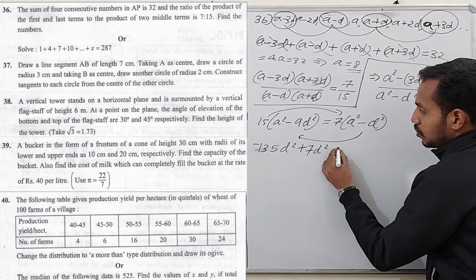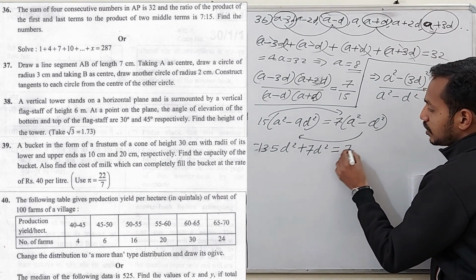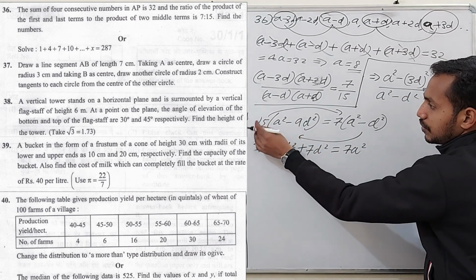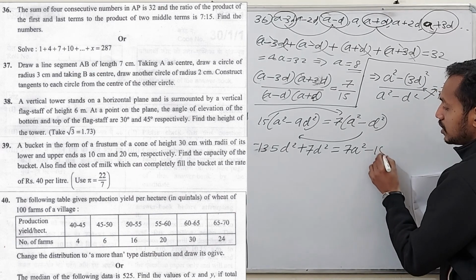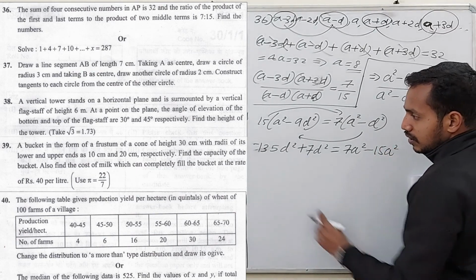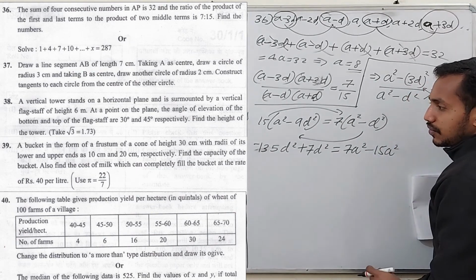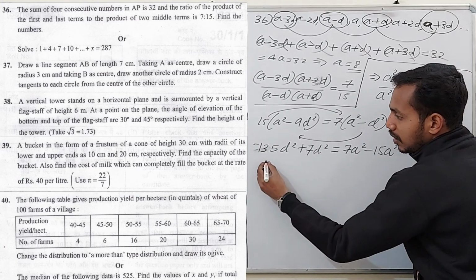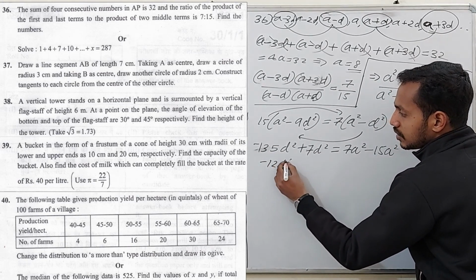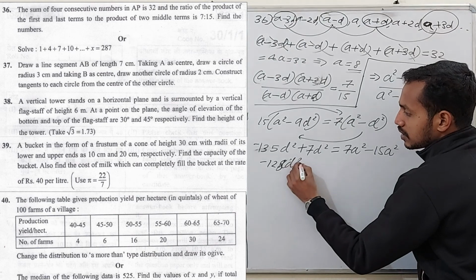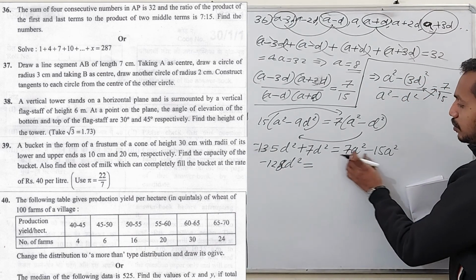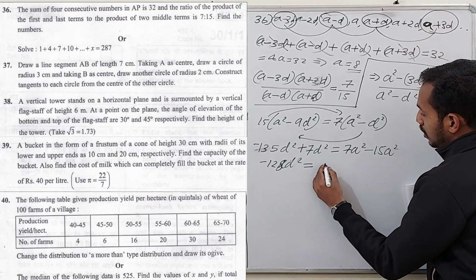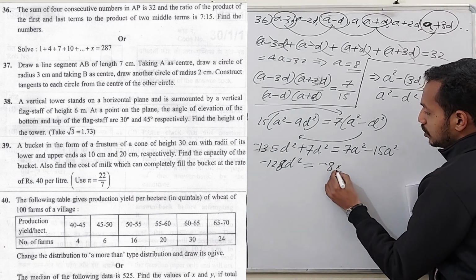Clear? Which is equal to, here 7a square is there and 15a square is there, that will be minus 15a square. Minus 135 and plus 7 will be equal to minus 128d square. Am I right? Minus 128d square is equal to 7 minus 15, which is minus 8 into a square.